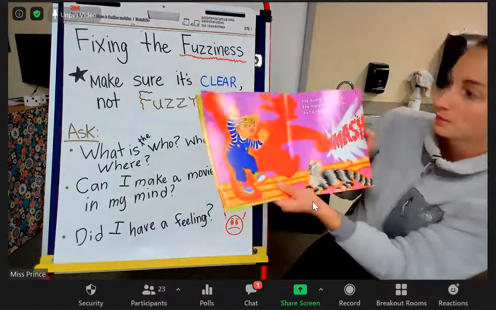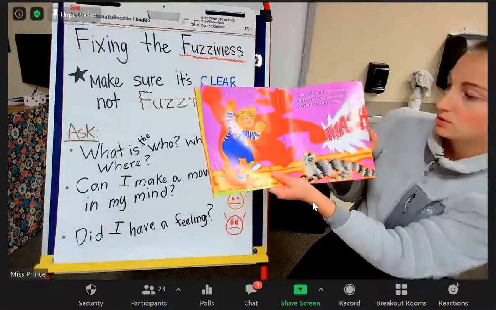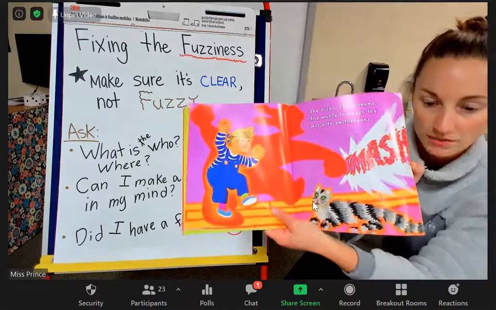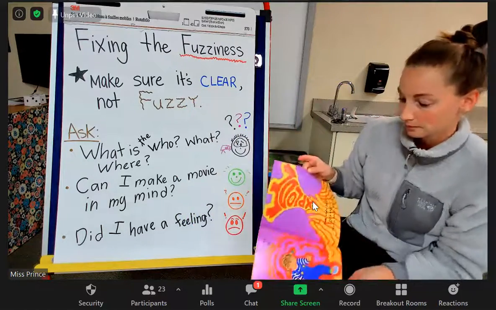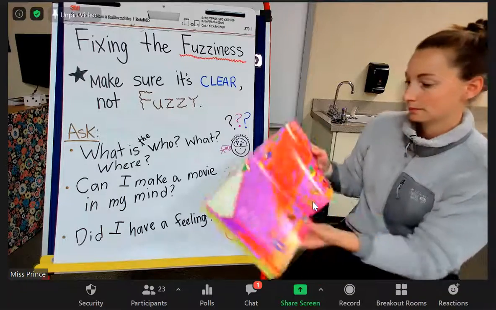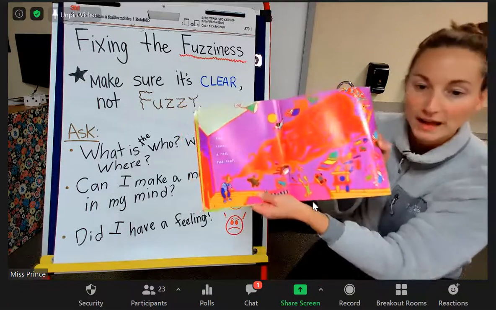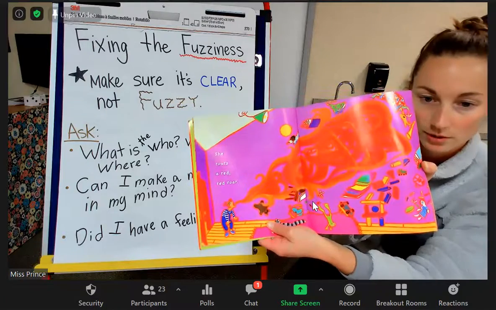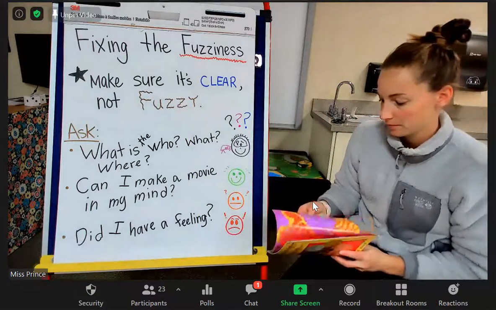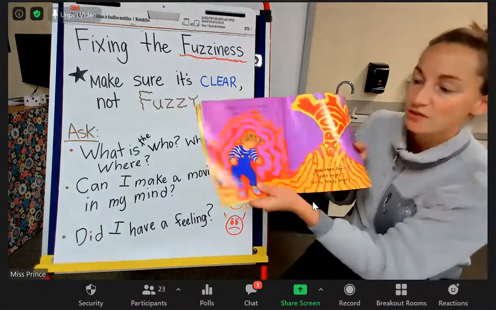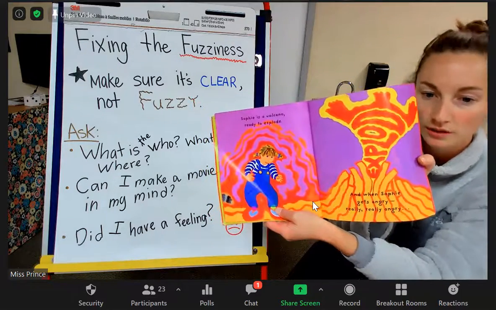angry. She kicks, she screams, she wants to smash the world to smithereens. She is very upset. She roars a red, red roar. Sophie is a volcano ready to explode.